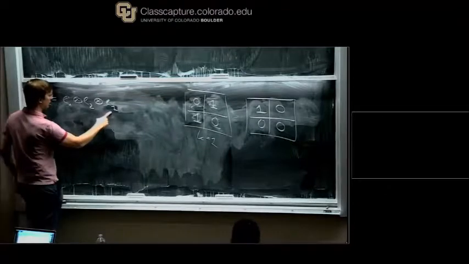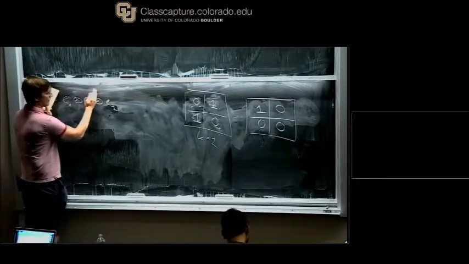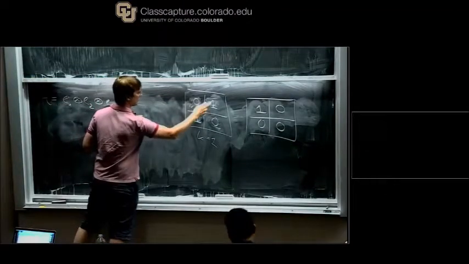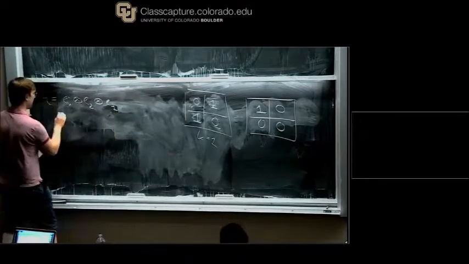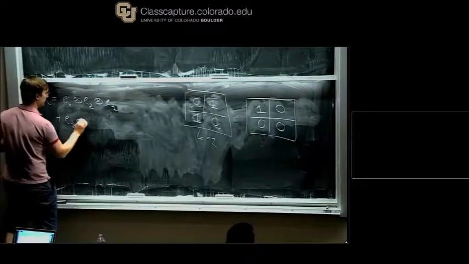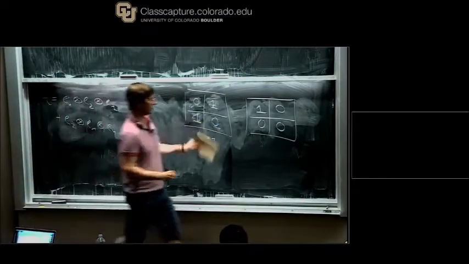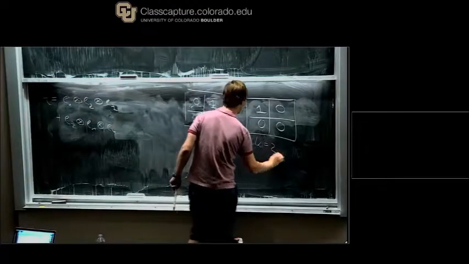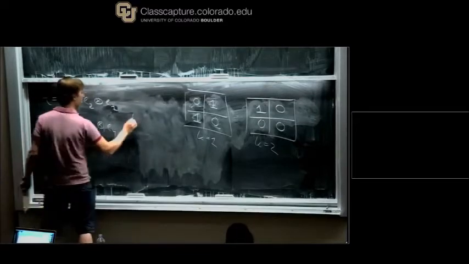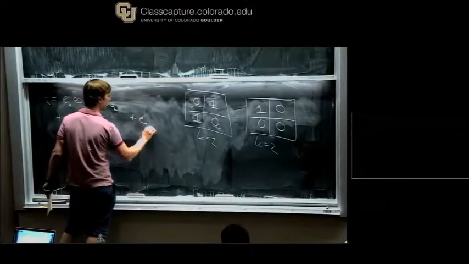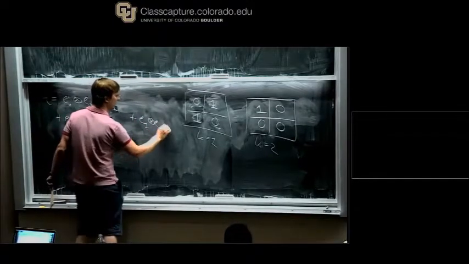So in the k equal 1 case, I have E1 tensor E2, that's this one here, and I have E2 tensor E1. And for this one here, for the k equal 2 case, I have E1 tensor E1 tensor E2.